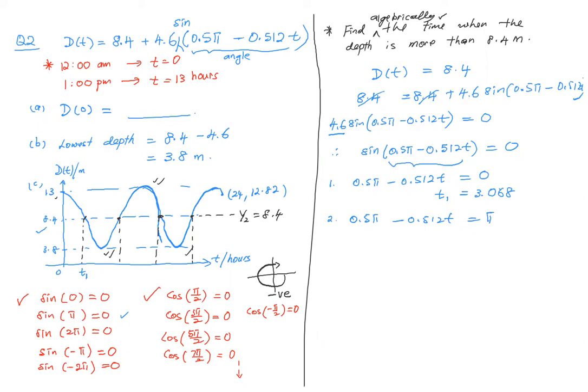What do you get for your t here? I think you get a negative value, correct? Definitely a negative value because 0.5 pi is less than pi. So this is not the solution.